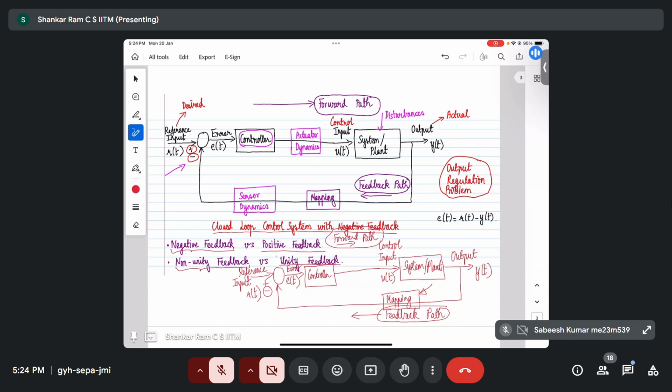Now, there are two more elements which I want to point out, in addition to the system, controller, and the mapping in the feedback path. Let's once again stay with the example of speed control. Suppose I have some sensor to measure the speed.